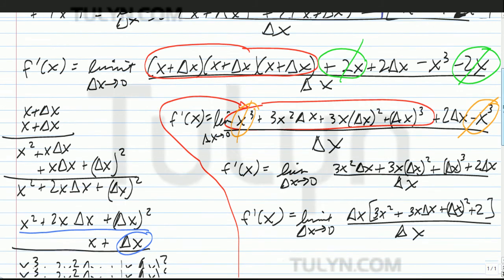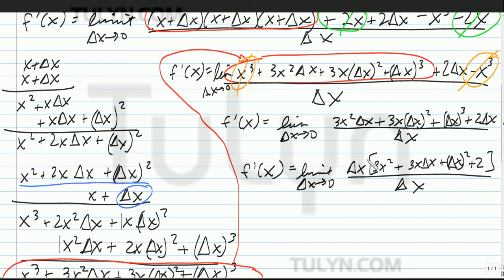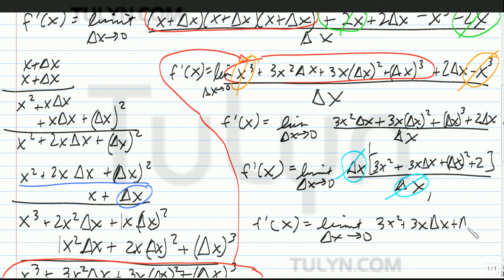Now what do you have in common in your numerator and denominator? You have delta x and delta x, so they cancel out. You're left with 1 and 1. F prime of x equals the limit as delta x approaches 0 of 3x squared plus 3x delta x plus delta x squared plus 2.